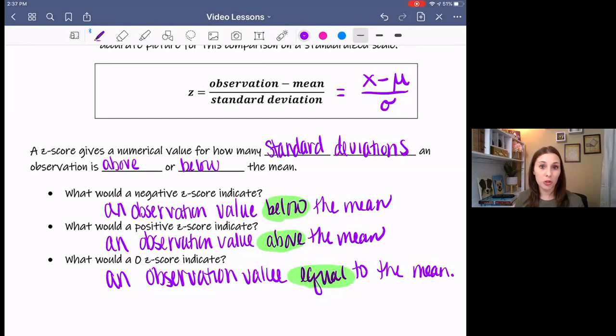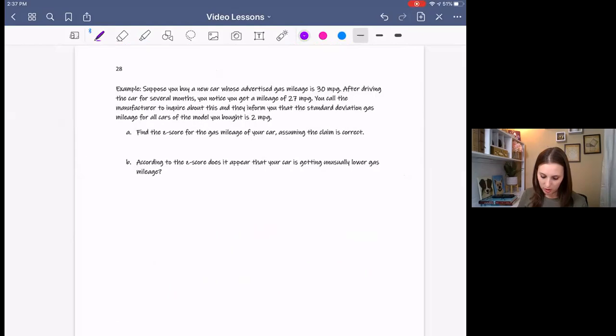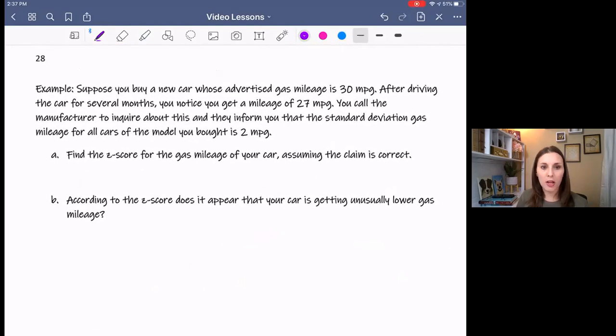We're going to do an example to show you the application of it. And this one's kind of fun. Suppose you buy a new car whose advertised gas mileage is 30 miles per gallon. After driving the car for several months, you notice you get a mileage of 27 miles per gallon.